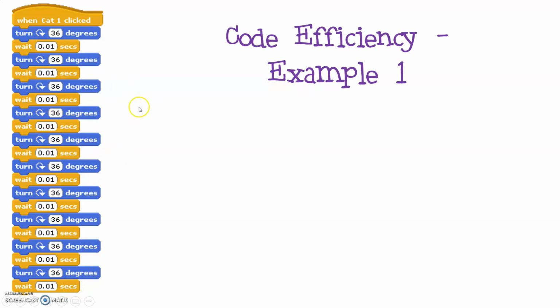Now it doesn't take a genius to work out that this is the same 2 instructions repeated once, twice, 3 times, 4 times, all the way down to the 10th time, which basically means the cat starts facing one way up and will repeat a complete spin until it's facing the same way again. Okay, now we can duplicate that code without having to have it written so many times by putting it inside a repeat 10 loop.